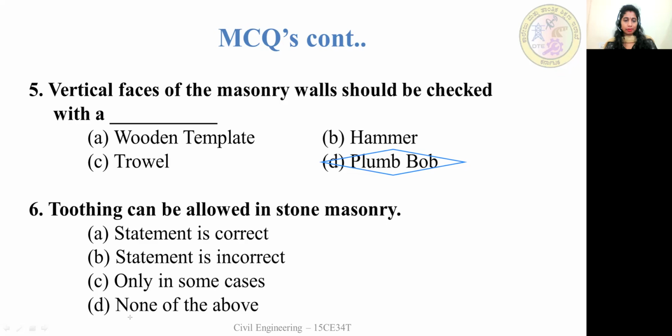And option D means none of the answers are correct. I hope you have selected the right answer. That is option B, the statement is incorrect, because toothing cannot be allowed in stone masonry. As we have discussed in the general principles of stone masonry, toothing should not be used in stone masonry. Right?